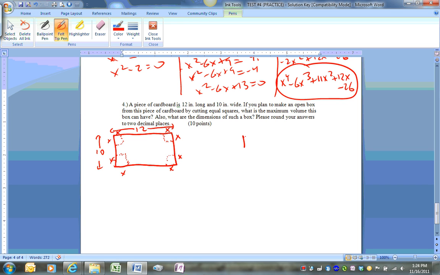Then when you make your box it will look like this. So it'll be x, 10 minus 2x, and 12 minus 2x.